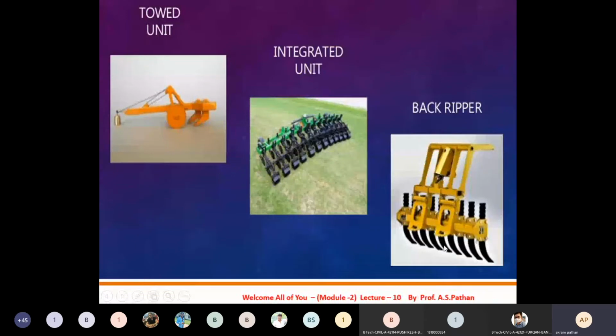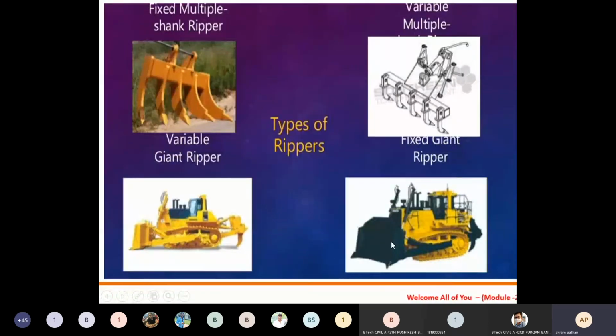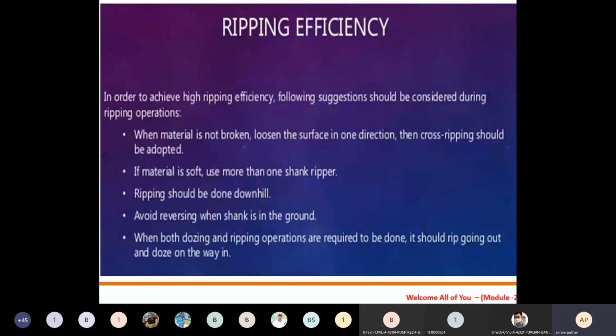This is a back ripper. These are the rippers. Then the various types of rippers we have seen: fixed multiple shank rippers, then variable gravity ripper, then variable multiple rippers, then fixed gravity rippers. Then how we can achieve greater ripping efficiency.